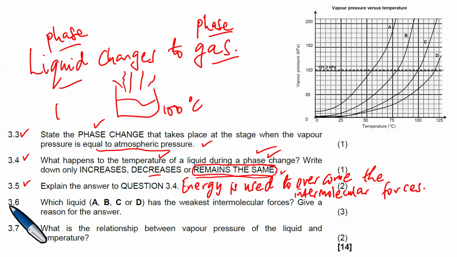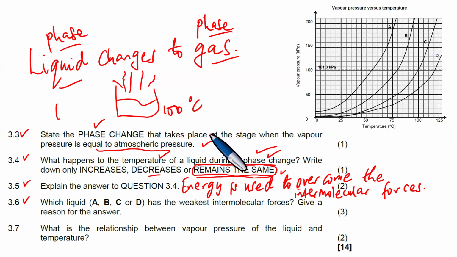Okay, I want us to look at 3.6. Which liquid, is it A, B, C, or D, has the weakest intermolecular forces? Give a reason for your answer. Which one is the weakest one, such that if you put a little bit of temperature, quickly, this is a gas?